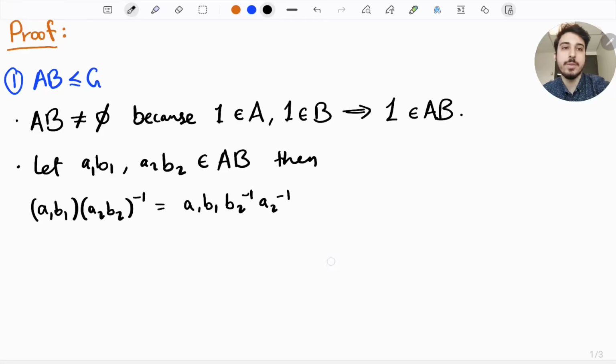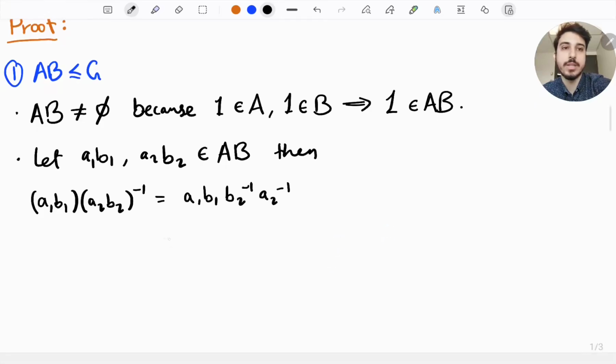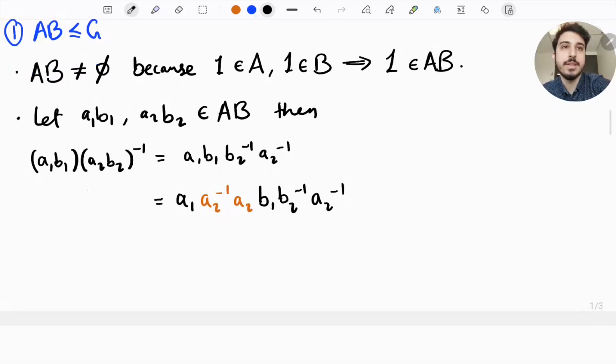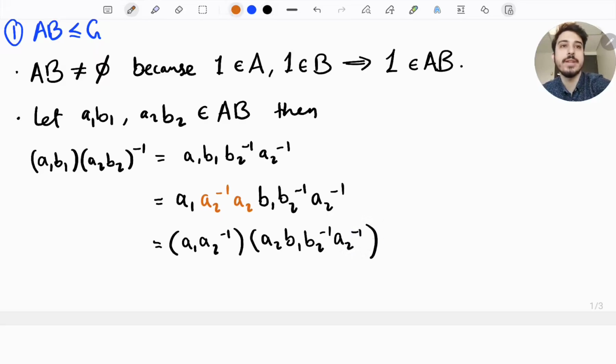And now we will use a certain manipulation by multiplying this by a2 inverse a2. And you will see now why I did this in a second. Now we can see that if we group the elements like this, we will see something nice.